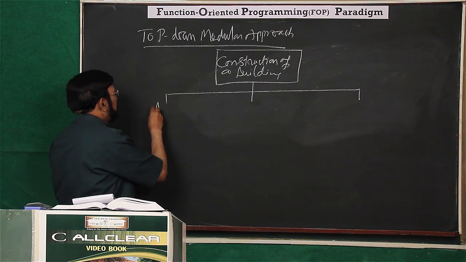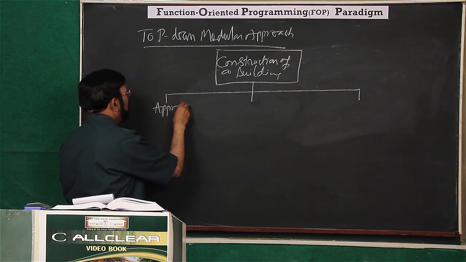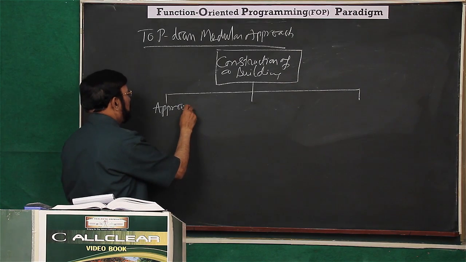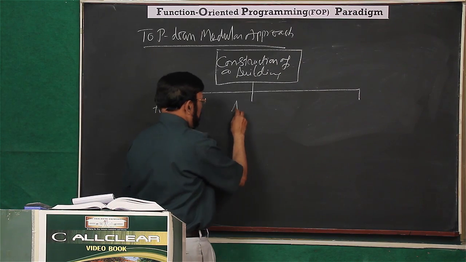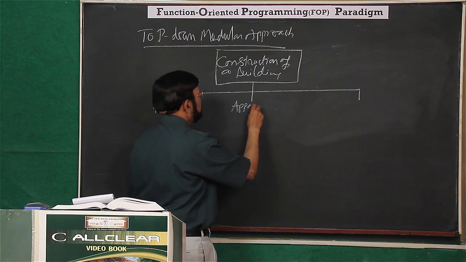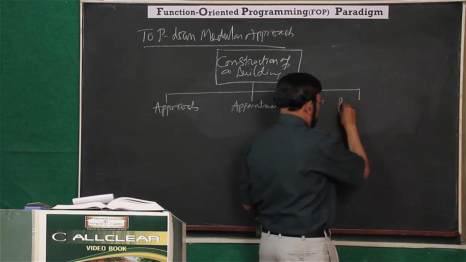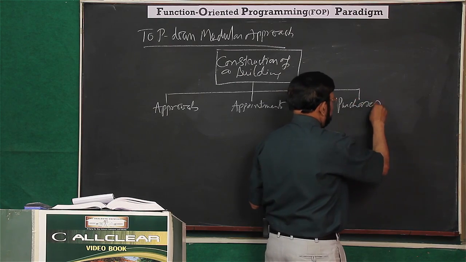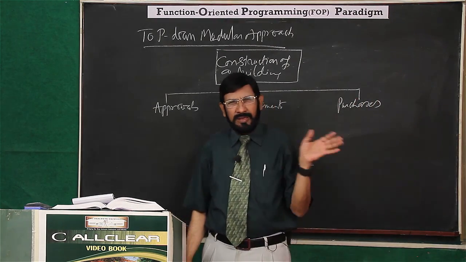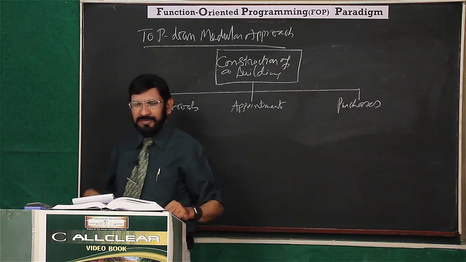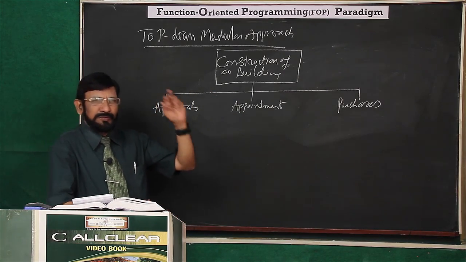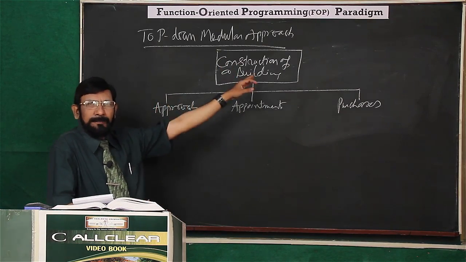The first one is approval. Second, appointments. Third one, purchases. Otherwise, you list out whatever activities you know are involved in this program.